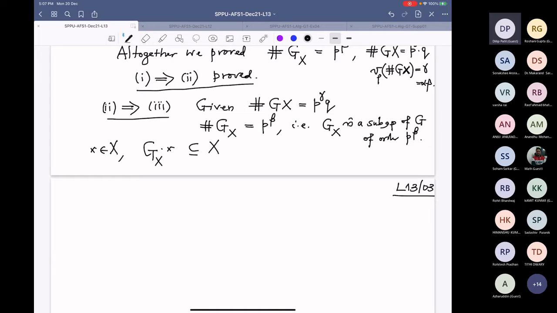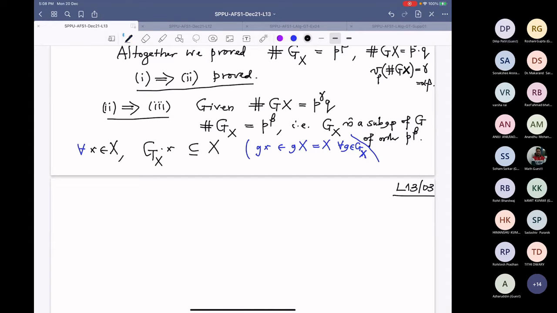Because if I take any g that will fix, g times x, small x, belongs to gx, and gx is equal to capital X. This is true for all g in the isotropy, and therefore gx belongs there for every g in Gx, therefore this whole thing is contained there. This is true for every x in X.